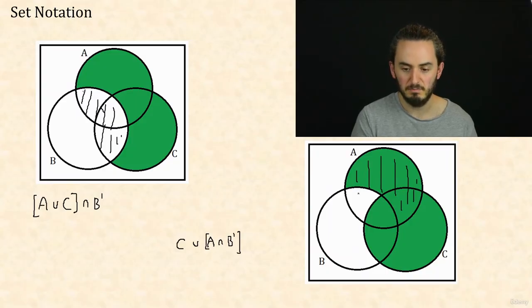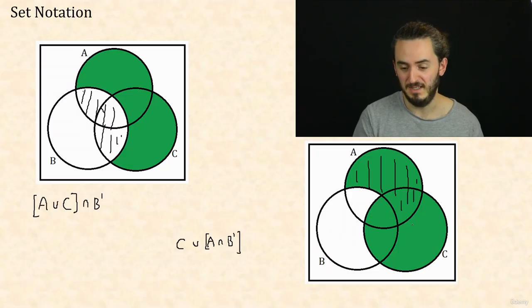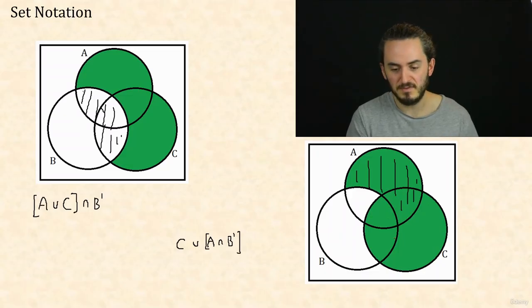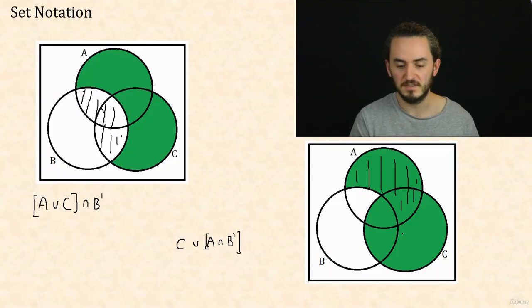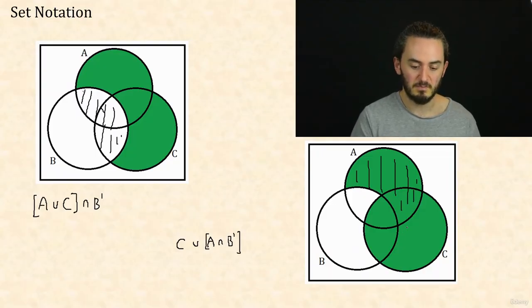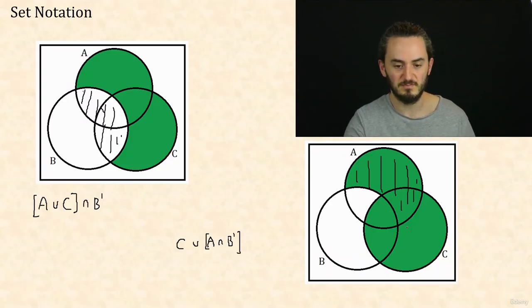That's A, but not anything in B. So we want all of that or all of C, and that seems to capture all of it. So you see these get really fiddly, and I've never seen an exam question where they just chuck one of these at you, but it is fun to play around. You do need to understand what the terminology means. All right, last little bit of terminology on the next page.